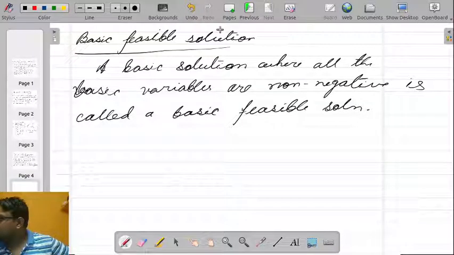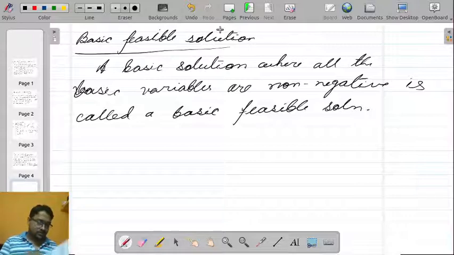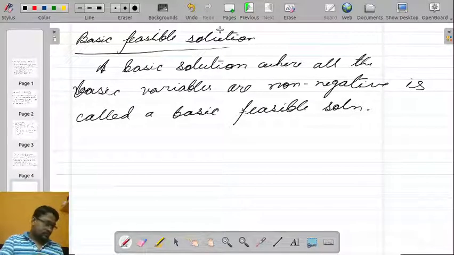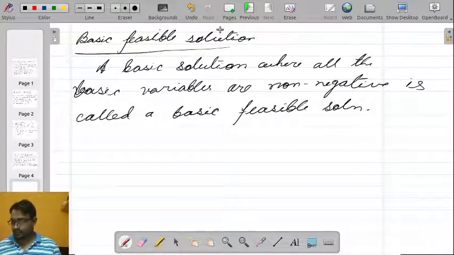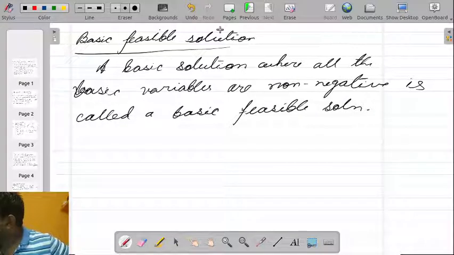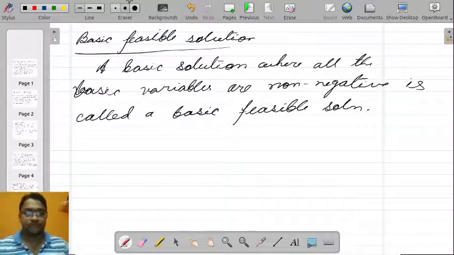So let us see one more example. Let us see whether these are basic feasible or not.